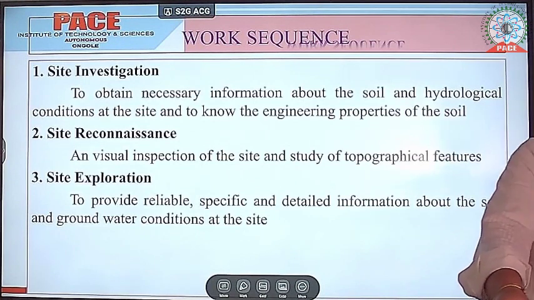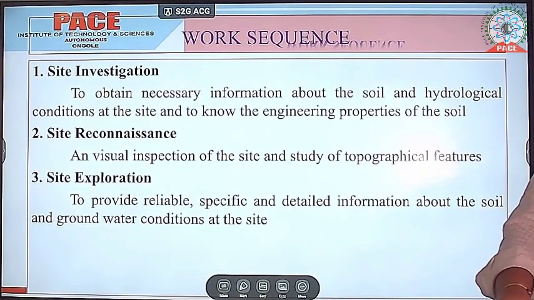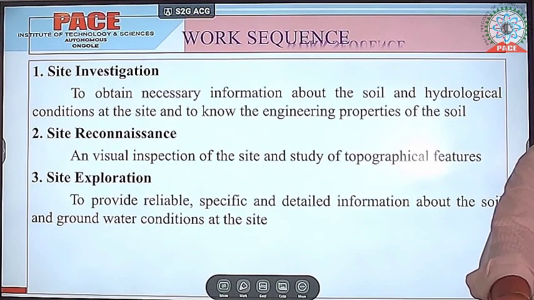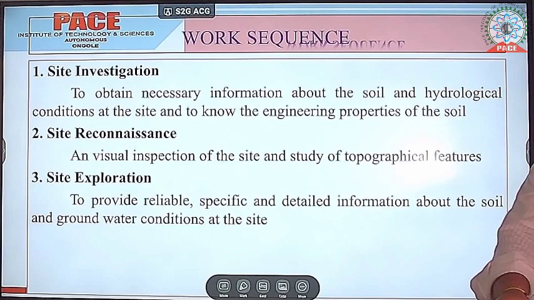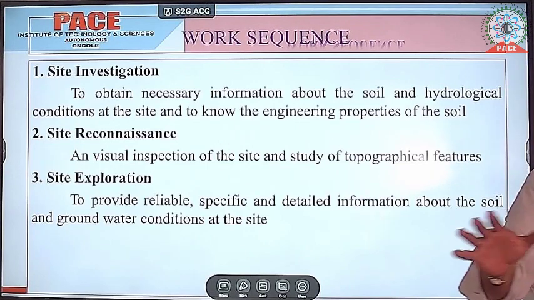The soil exploration has three main parts. That is, the first one is site investigation, site reconnaissance and site exploration. First of all, we have to investigate the site, that is about the soil and hydrological conditions at the site to know the engineering properties of the soil. Next is site reconnaissance. It is a visual inspection of the site and study of topographical features.